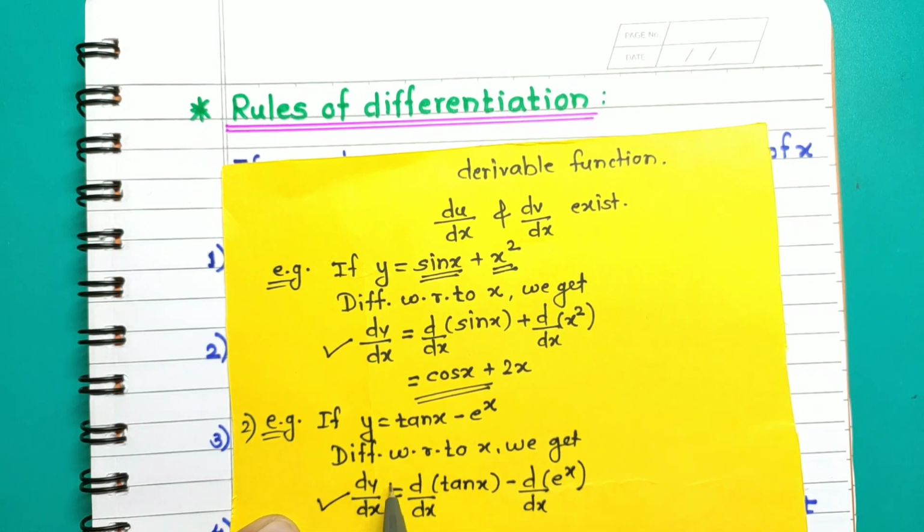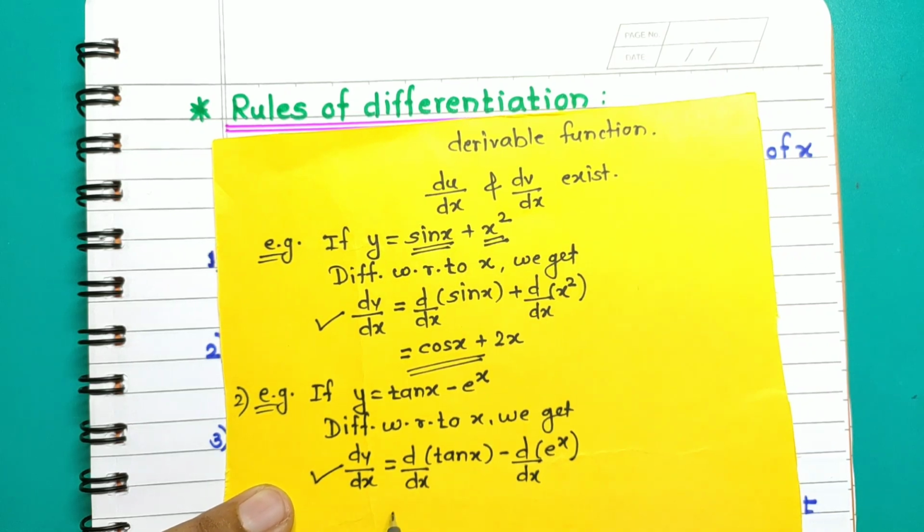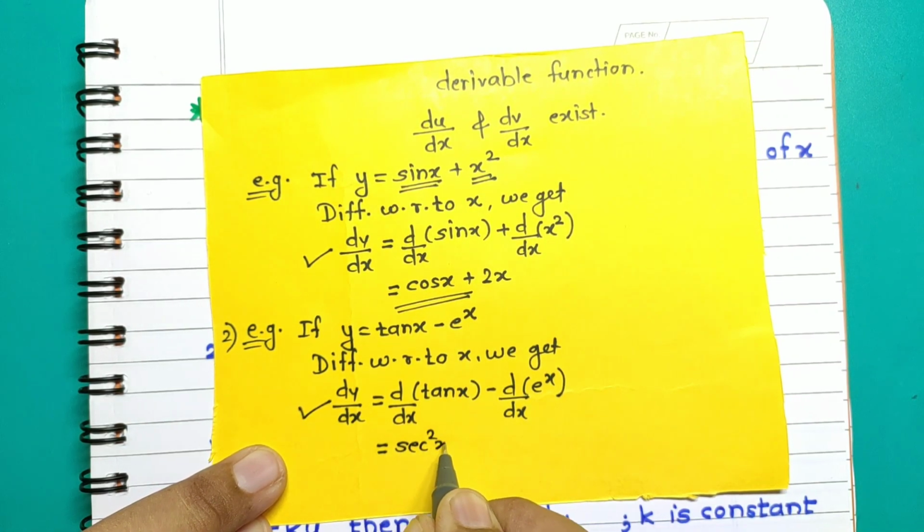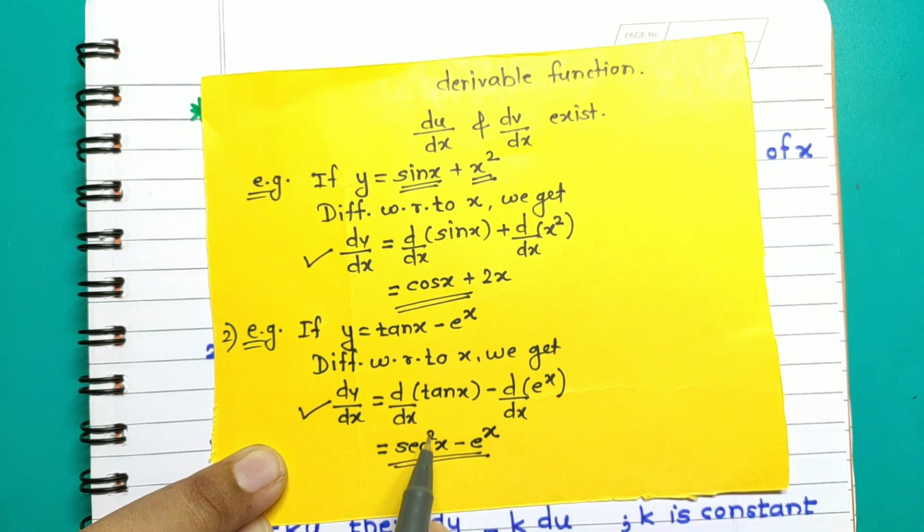So at this step we have applied the second rule of subtraction. Now in the next step, let's evaluate these derivatives. So derivative of tan x is sec square x minus derivative of e raised to x, which is again e raised to x. So this is the required derivative of the given function.